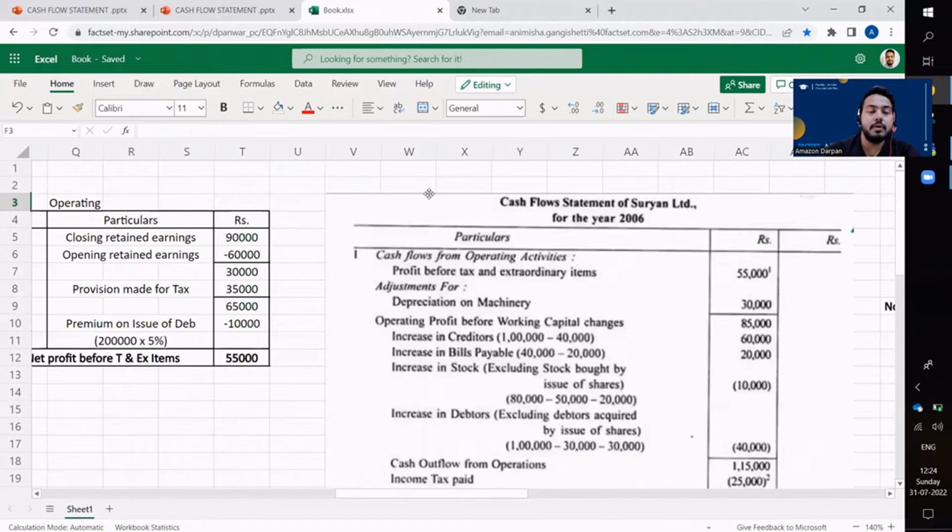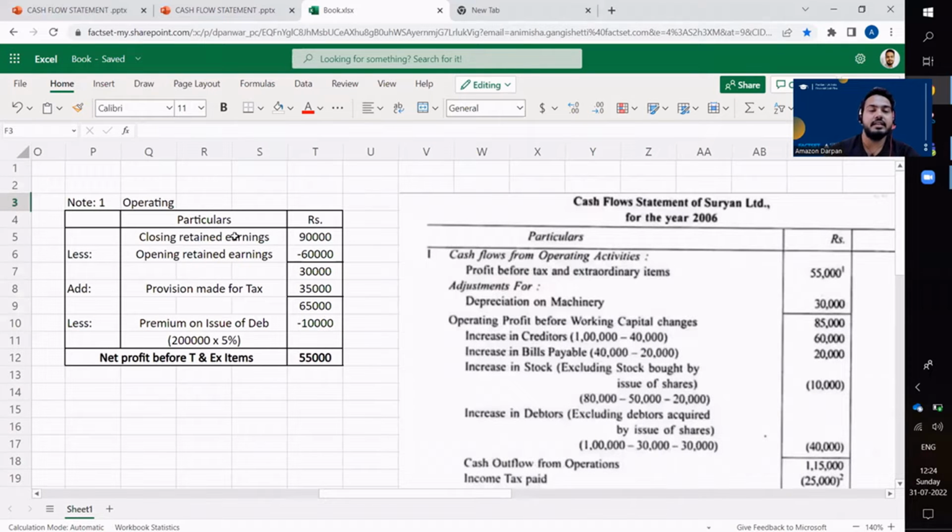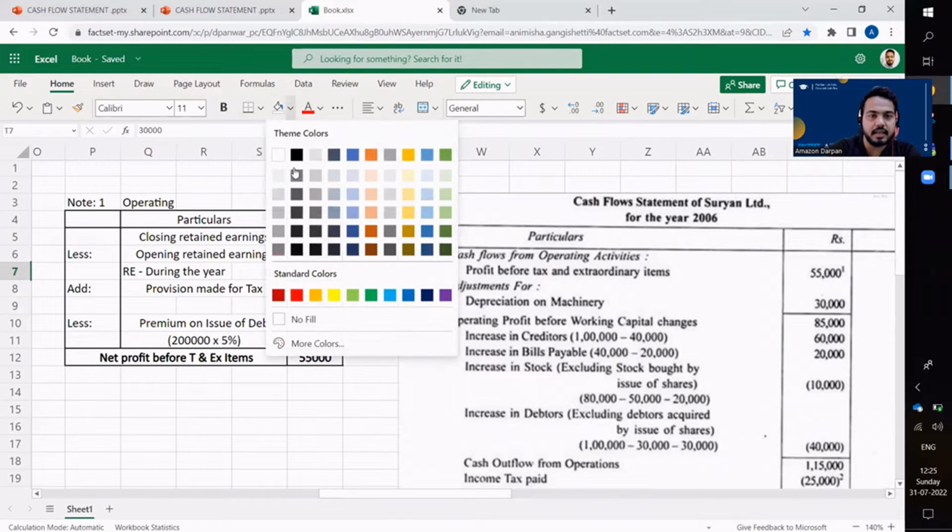So first thing we are trying to understand is the net earnings during the year. Retained earnings during the year, I'll just name it. So this is the retained earnings during the year, which is 30,000 rupees.